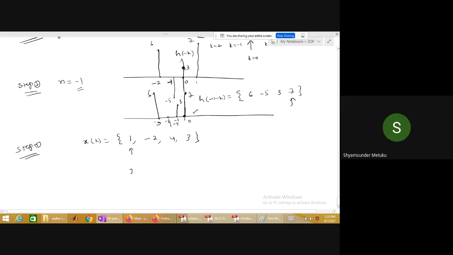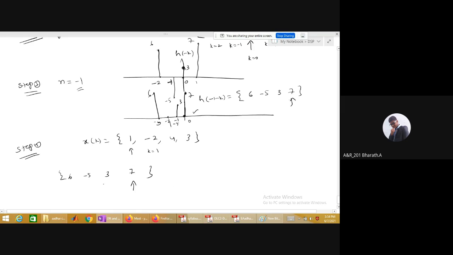Whenever you multiply, the origin points must coincide. Then only it is correct. We need to multiply 0 with 0 only. Only 7 and 1 will coincide. Even though -2 appears at k equal to 1, k equal to 1 is not available in the second signal.